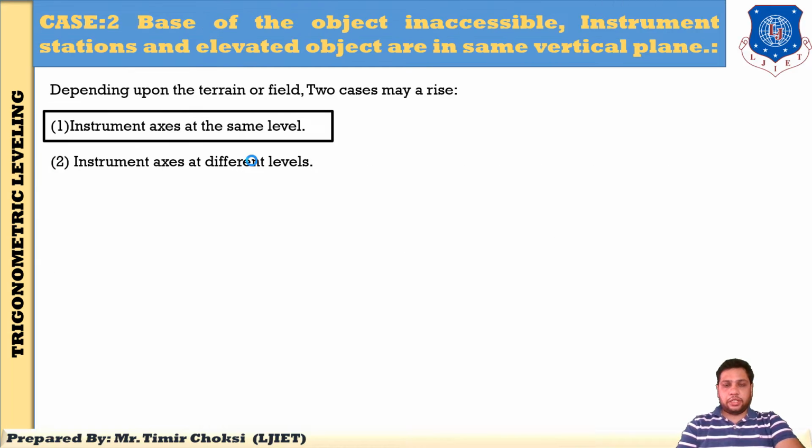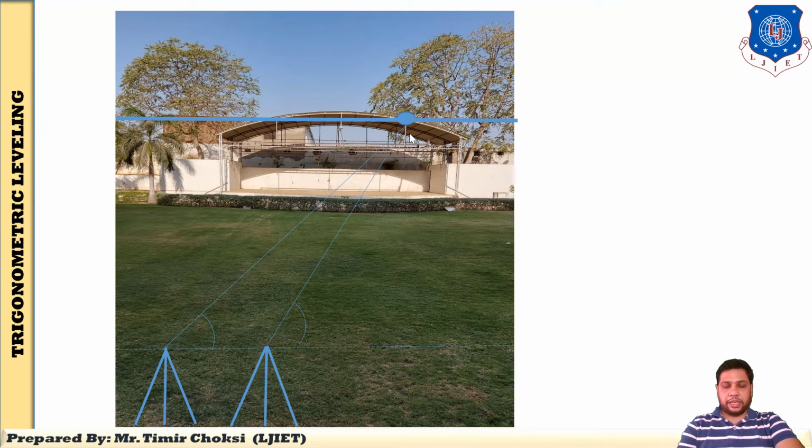So listen carefully, student. In case number 2, the base of the object is inaccessible. What does inaccessible mean? You cannot directly find capital D, the horizontal distance between the instrument and the base of the object, with a tape or chain.